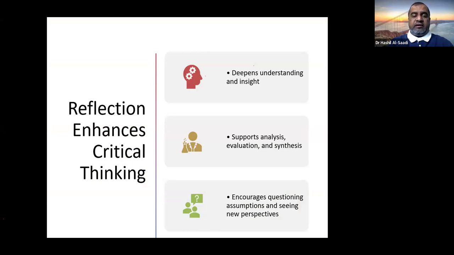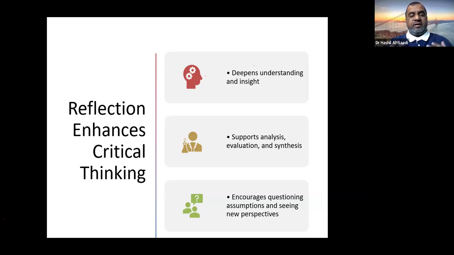Reflection enhances our critical thinking by deepening our understanding and insights. Reflection and critical thinking together also support analysis, evaluation, and synthesis. And of course, it also encourages questioning our assumptions and seeing new perspectives, and so on. So here you can see how reflection and critical thinking go together.